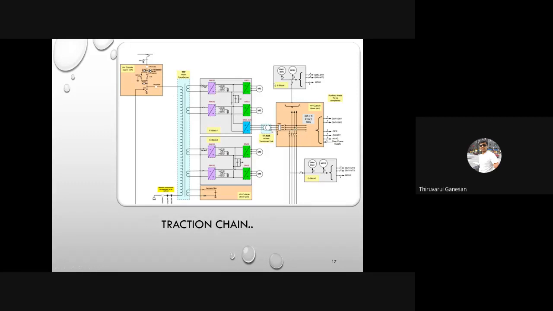This is a high voltage component installed inside the train, like a VCB, surge arrestor, and earthing switch. And this is a transformer, which in most applications is underslung under the bogie. And this is a traction converter, consisting of a front end converter and inverter portion.